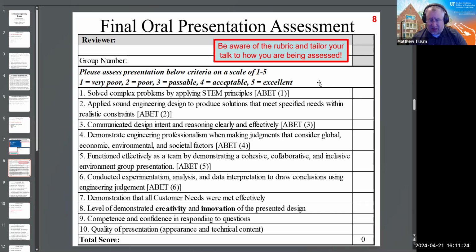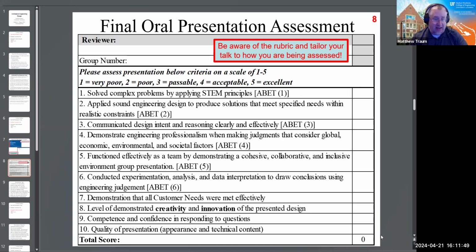Because there's a 5-point scale and 10 metrics, those add up to 50. It's possible that your syllabus says that the final oral presentation is something other than 50 points, and so we will scale the total number of points appropriately. But just imagine these things are essentially out of 50. So when you see your finalized rubrics, you're basically going to be looking at a score out of 50.